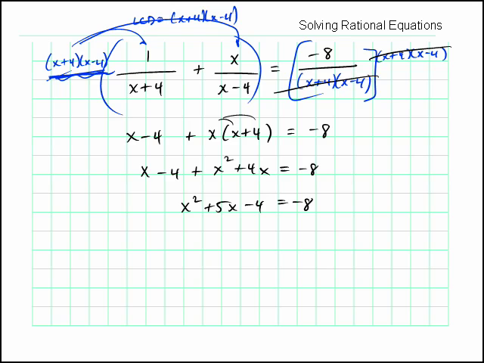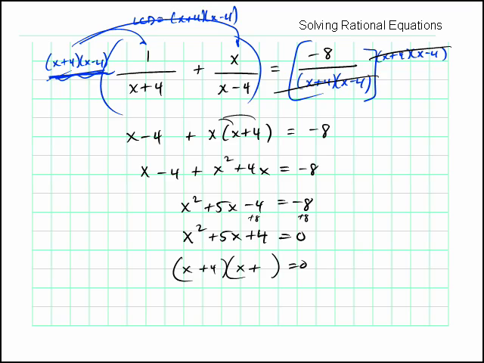I'm going to move everything over to the left side, setting the equation equal to 0. Let's see, if I add 8 to both sides, that would be plus 4. Okay, x squared plus 5x plus 4 equals 0. I can factor the left side.